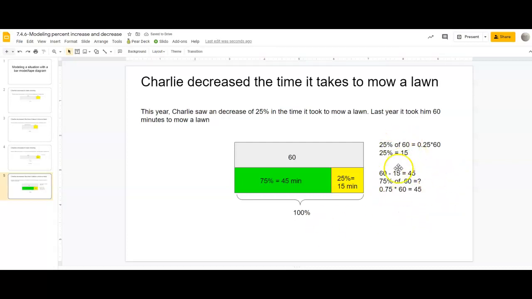So I can calculate this in multiple ways as well. I can subtract my 25% and then calculate it, or I can subtract the percent and then do the calculation from the 100%. So there's no one right way to do this. But what matters is that we can represent it, and then how you choose to solve the problem becomes very clear. I can take 75%, or I can take 25% and then subtract. Either way works, okay?